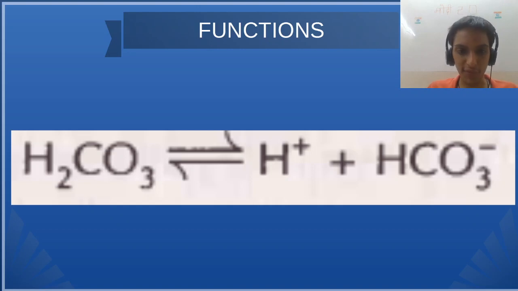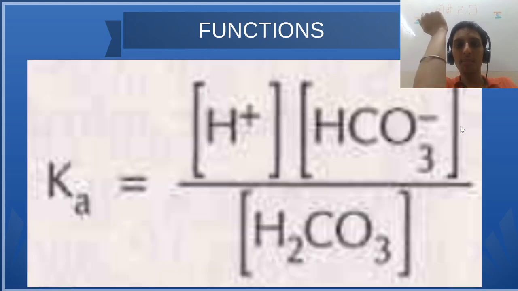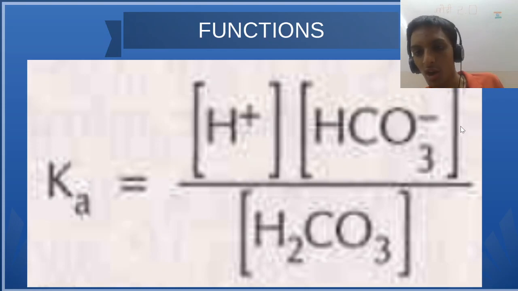First, the bicarb buffer. The weak acid here is carbonic acid. The conjugate base is the bicarb ion. This is how the dissociation happens. The buffers depend on the law of mass action and the Henderson-Hasselbalch equation. First I'll show you the law of mass action.